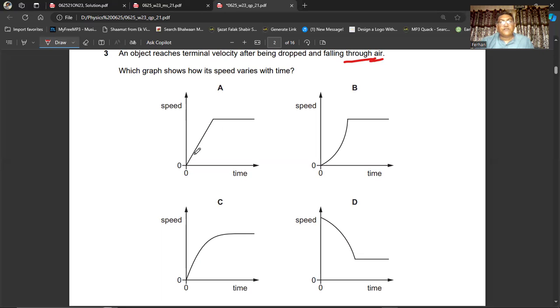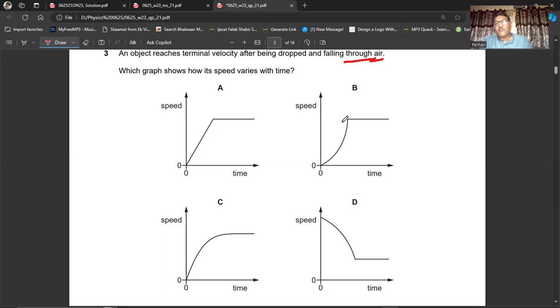Now, if you look at graph A, the gradient is constant. That happens when there is no air. So the choice can be B or C. Now, if you look at the gradient of B, it is gradually increasing. That means the value of the acceleration is gradually increasing.